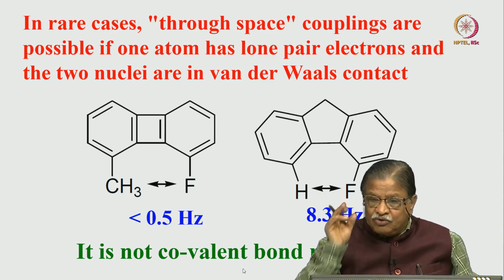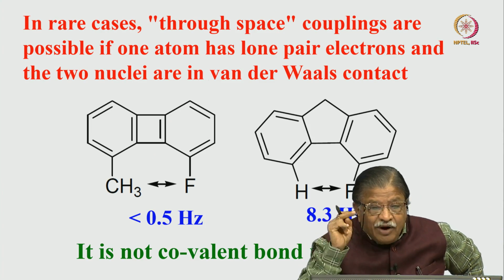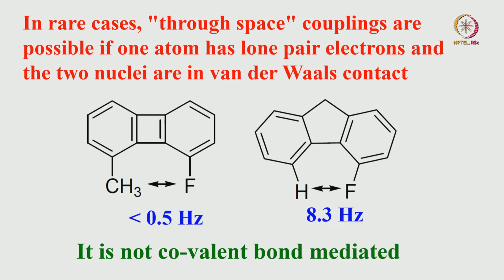Of course, so far I was telling you we get J coupling only mediated through covalent bonds, but in some rare examples, like a molecule like this, you can get coupling between this fluorine and this CH3 proton, not mediated through covalent bond, directly through space.